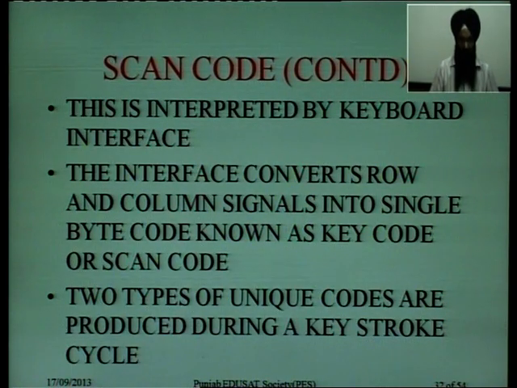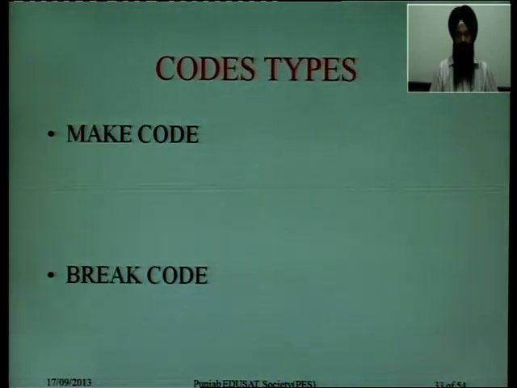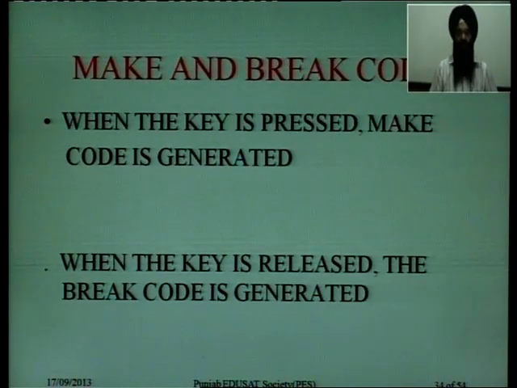During a cycle of pressing and releasing the key, two types of unique codes are generated, which are called make code and break code. When the key is pressed, the make code is generated. For example, when G is pressed, the scan code or key code for the G key will be generated, which is known as make code.